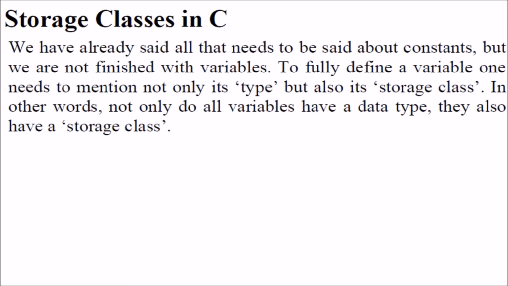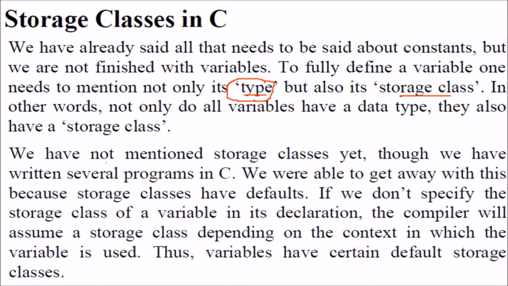Storage classes in C. We have already seen the data type. Every variable, apart from its type, also has a storage class. So what is a storage class? We'll see about that. This is the type, how much memory it is going to take in the actual placement.